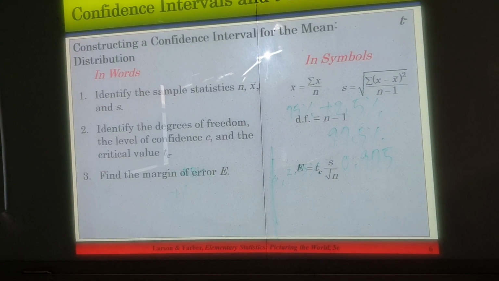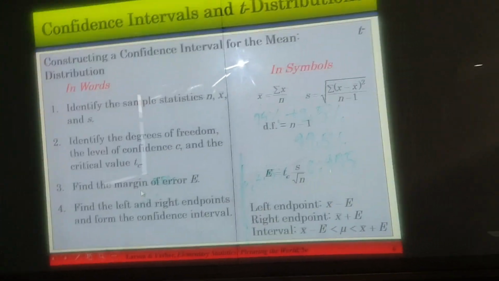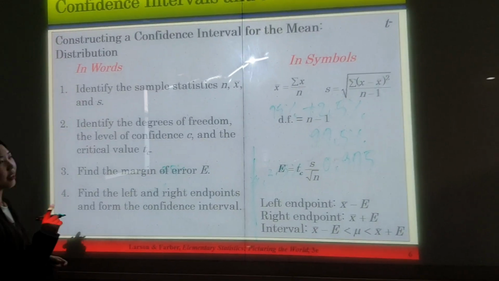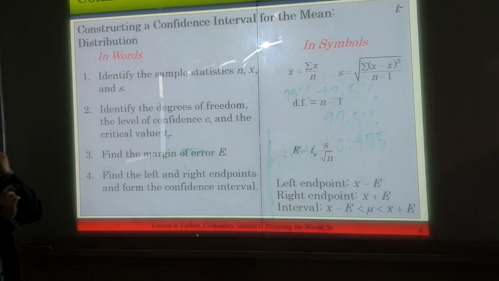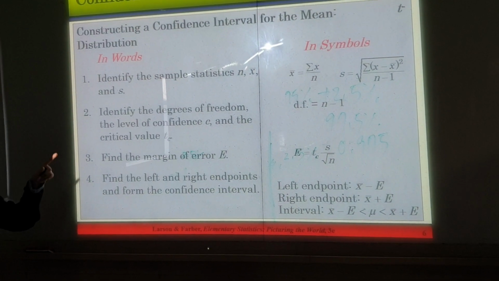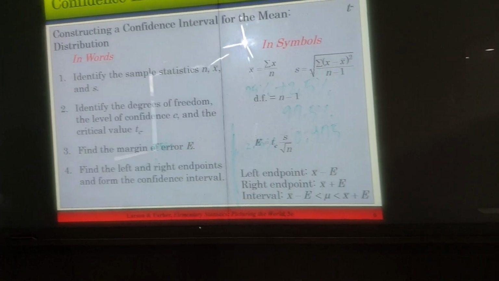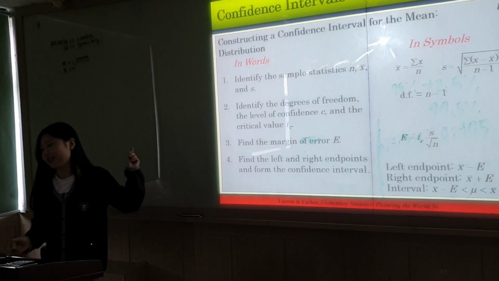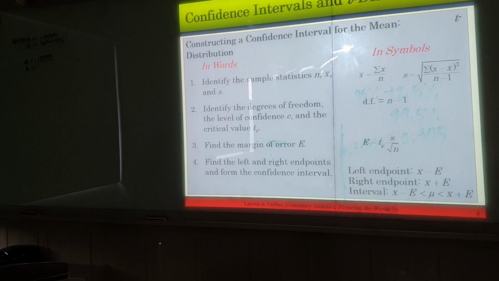This is very important. If we know the standard deviation, then we have to use the Z distribution. But if we don't know the standard deviation, we have to use t. When it's a proportion, then we use Z. But this is a simple mean, and we don't know the standard deviation, so we use the t-distribution.